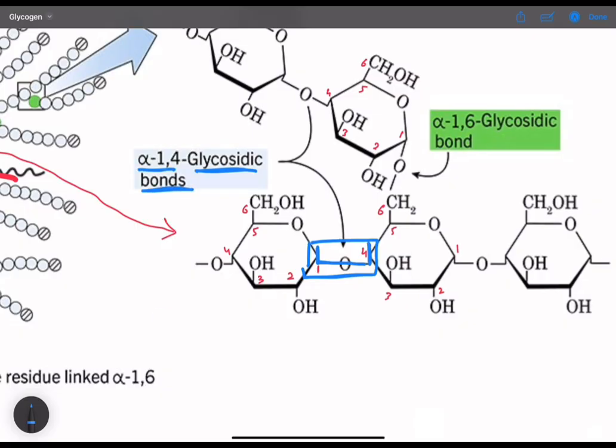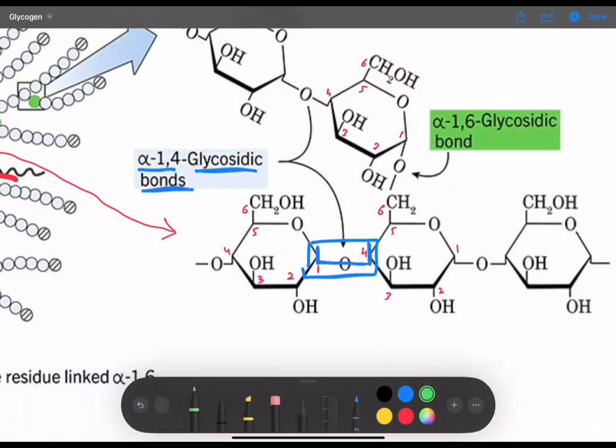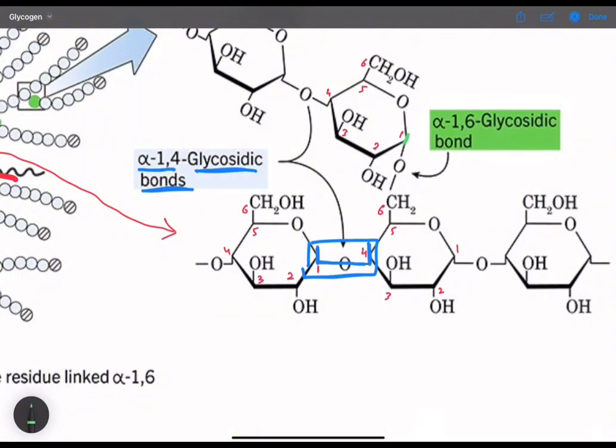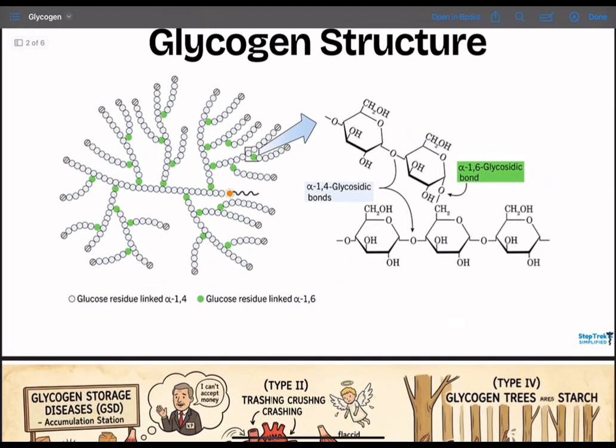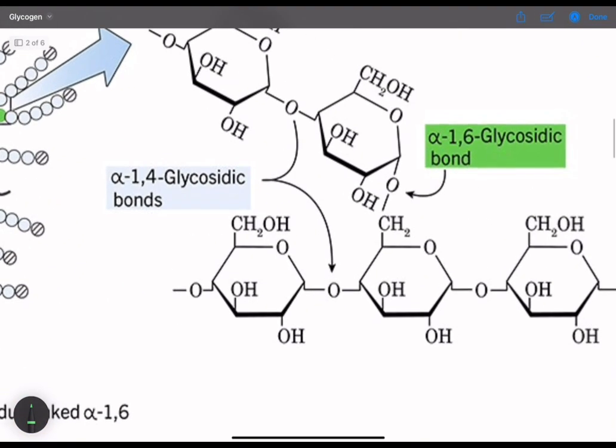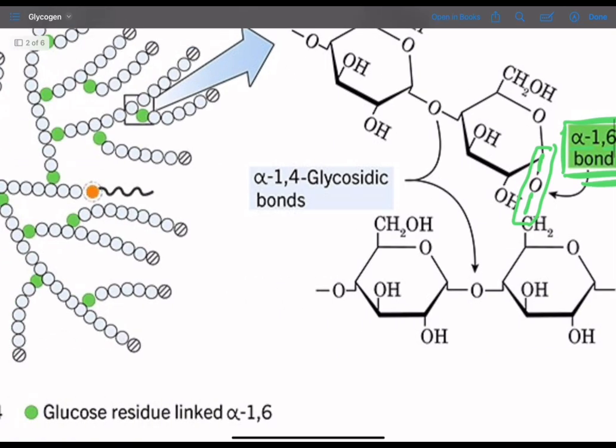For the branches, it is between the number 1 carbon of one glucose molecule and the 6th carbon of another glucose molecule, so this is 1 and 6. The alpha 1,6 glycosidic linkage is for the branches. So this was all about glycogen structure.